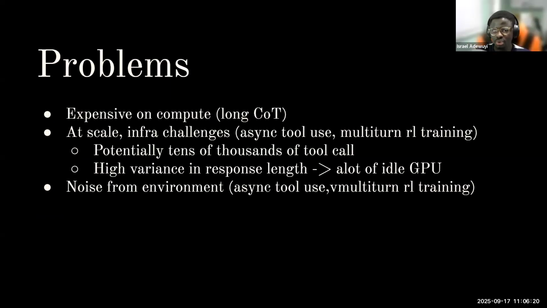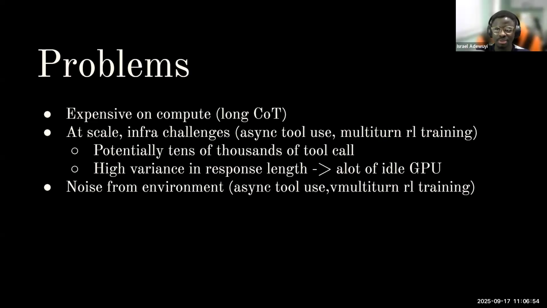it's expensive on compute. You have to spend a lot of compute on both the forward pass and the backward pass. Then you have problems with the infrastructure. If you have a lot of tool calls across your RL training run, this could put a lot of load on whatever setup you're using to train your model. And because of the nature of reasoning tasks, you have a lot of variance in the response length that the agent or the model produces.